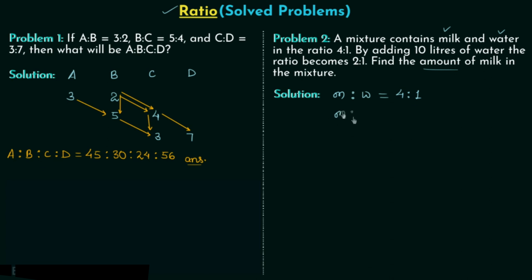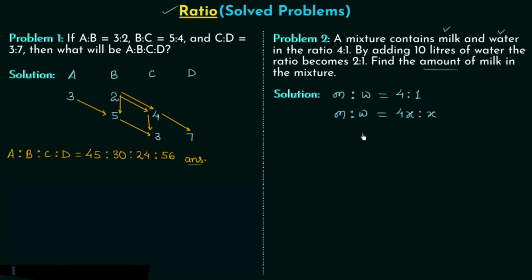So we will have amount of milk : amount of water equal to 4 times x : 1 times x, which is x. Now here we have included the common factor and therefore 4x is the actual amount of milk and x is the actual amount of water before adding 10 liters to the mixture. I hope everything is clear till this point.